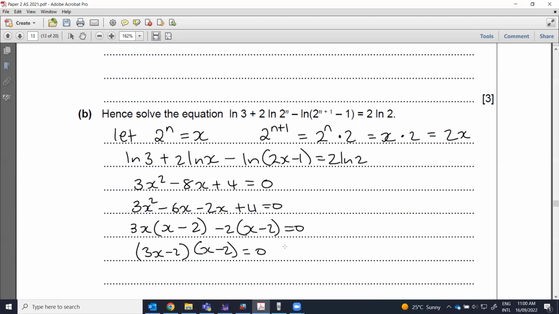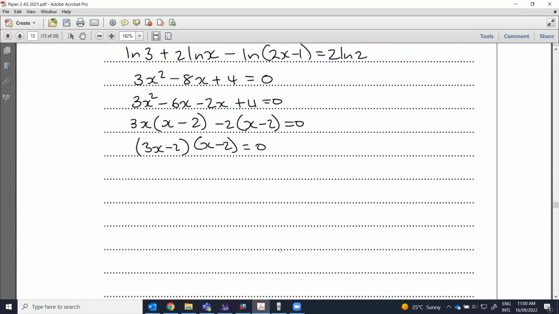Then this means 3x minus 2 is 0, or x minus 2 is 0. This means 3x is 2, or x is 2 over 3. And here x is equal to 2. So those are my two values for x.